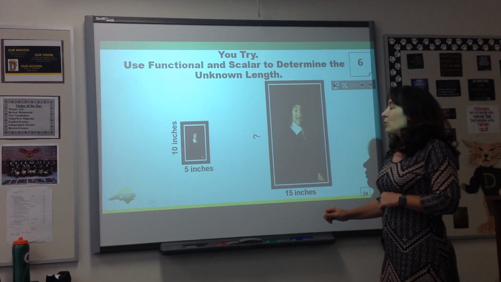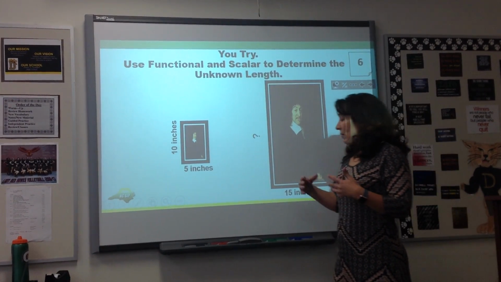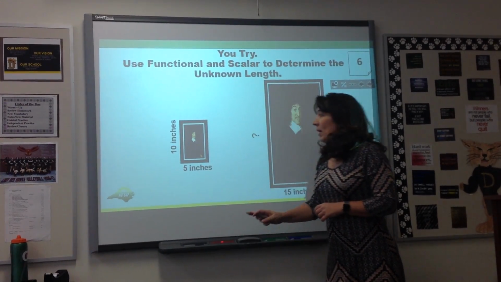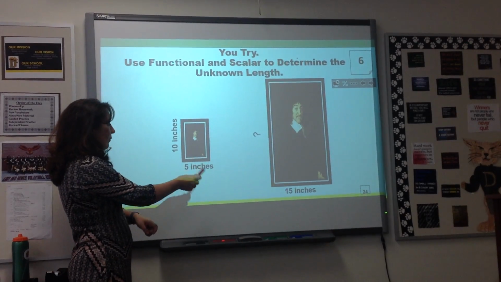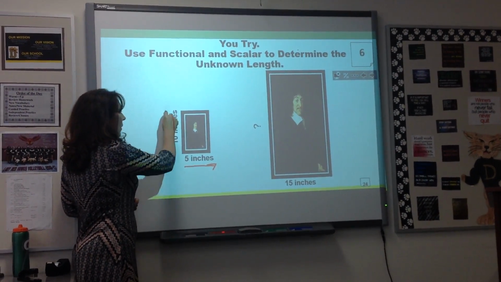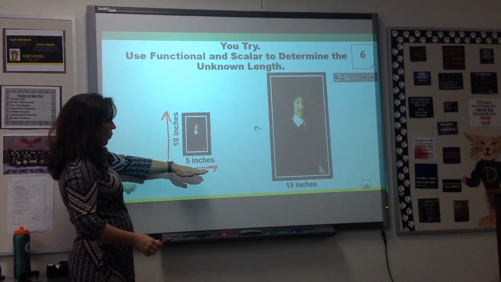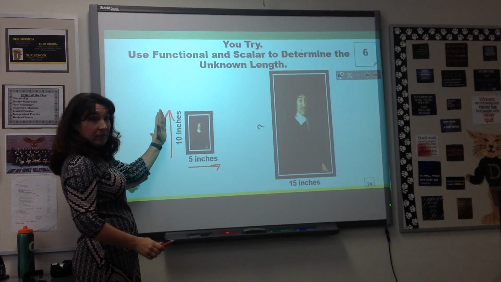Okay, so let's start with a proportion that would be functional. Okay, so I know that what's the relationship between my length and my width. What can I do to 5 to get 10?